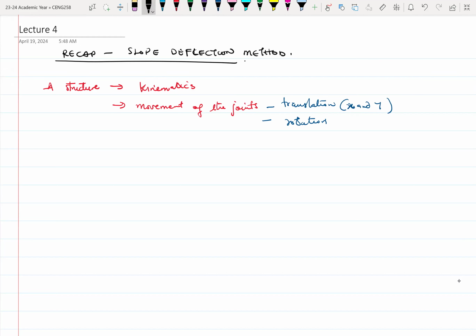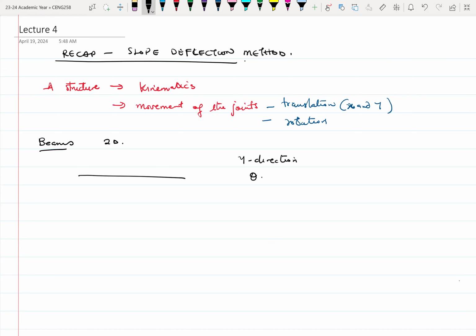Typically for two-dimensional beams, we assume that the movement of the joints will only be in two directions. It's going to be in the Y direction, and then we also have a rotation, right?